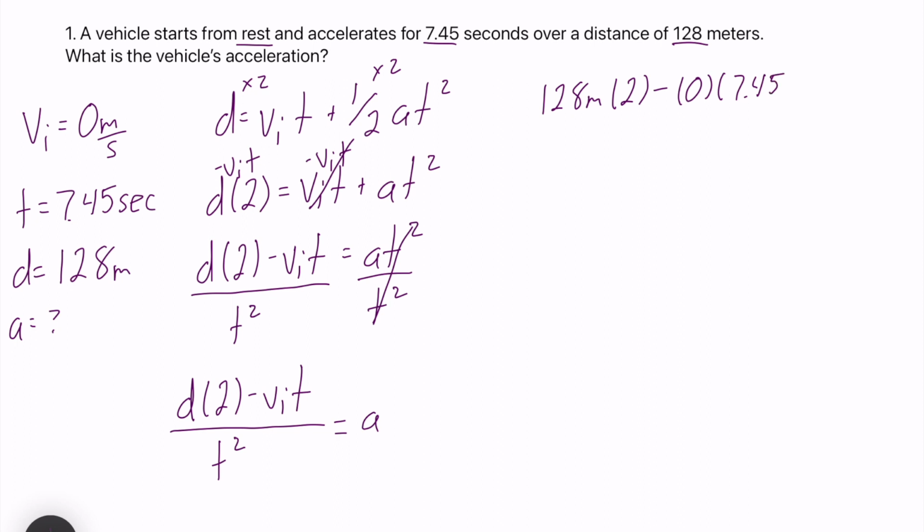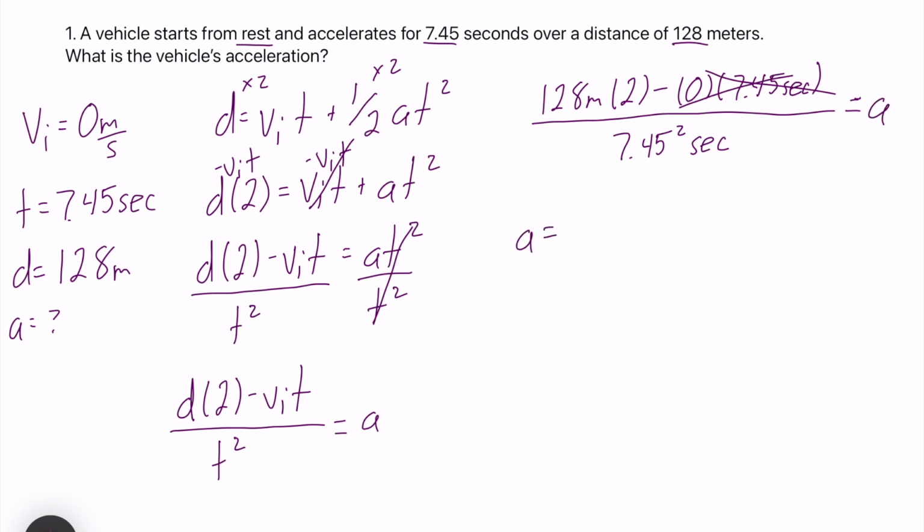So again, if you remember back from our last video, anything multiplied by 0 is 0. So this pretty much cancels itself out. And that's all going to be over 7.45 squared, and I'll just put the units there just in case. And that is going to equal our acceleration.